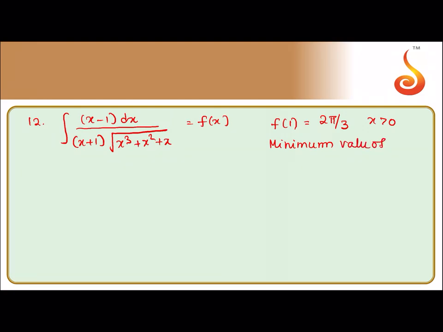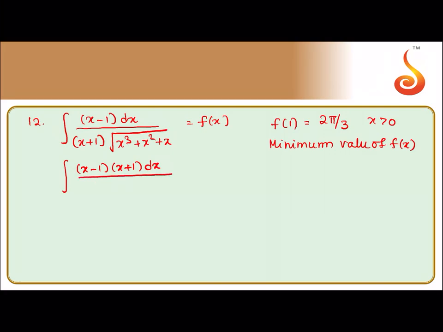Whenever x is greater than 0, then find the minimum value of f of x. By just seeing, you can't identify, the derivative is also not present. So we have to do such a trick. This also is a practice that comes.